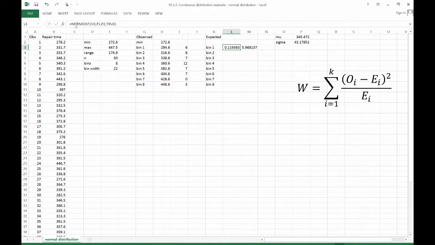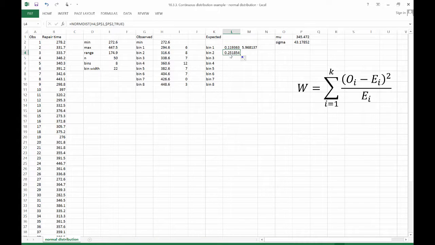That's a positive sign. Now what we want to do is drag these down. We're going to have to hold these 2 cells constant, so let's put dollar signs in front of those 2 cells for the mean and the standard deviation. And remember what would happen if we drag this down: it's going to give us the cumulative probability below and including 316.6. That's not what we want. We want to subtract off that one.